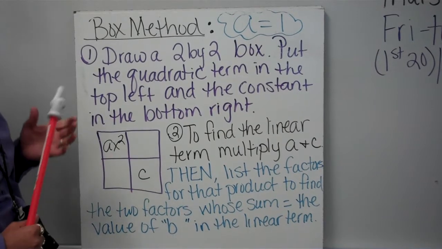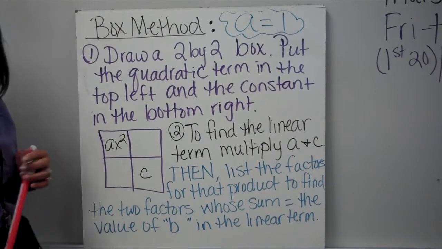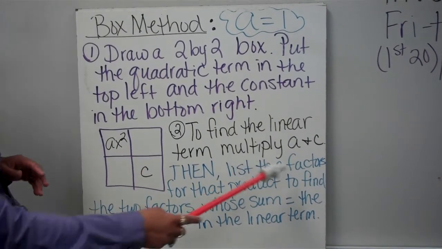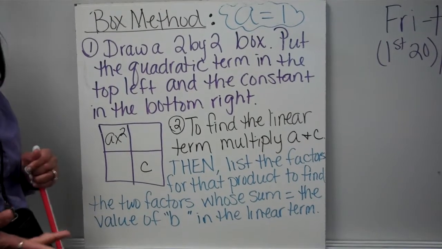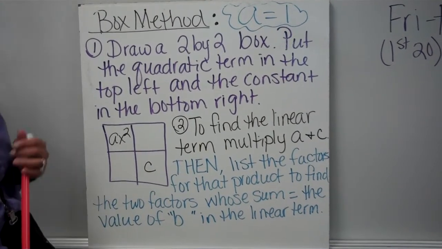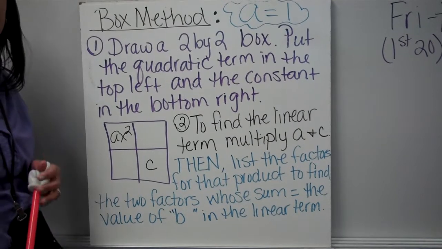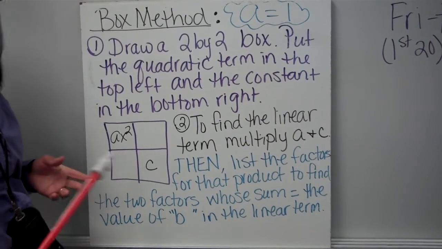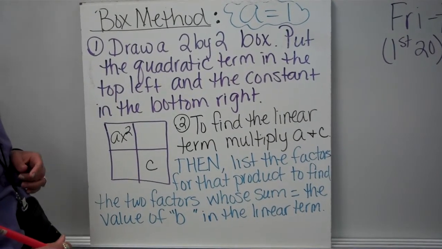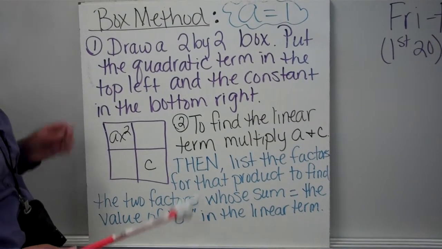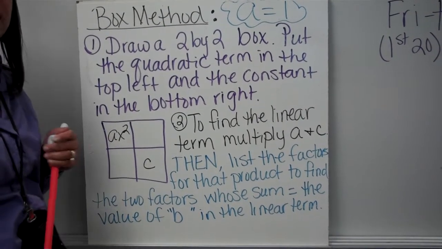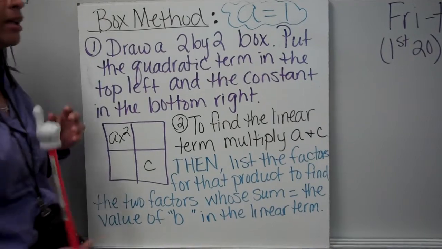Once you multiply a times c, you list the factors of the product. Then you choose the factors from that list whose sum gives you the value of b, in the equation ax squared plus bx plus c.